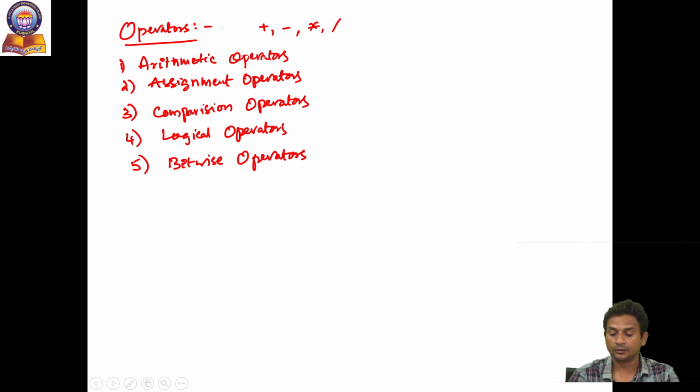These are some of the categories of operators supported in Python.